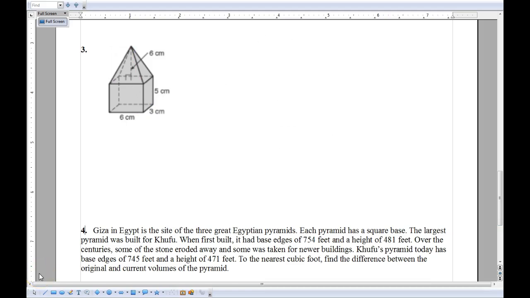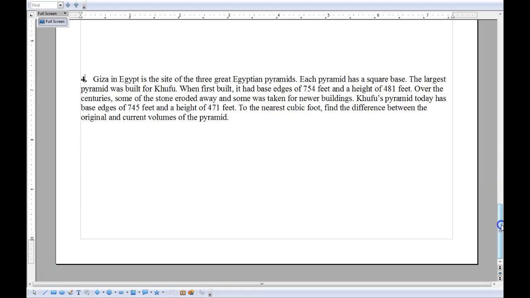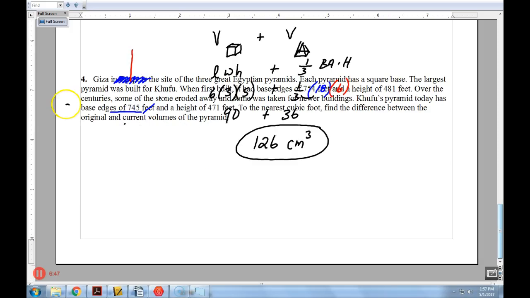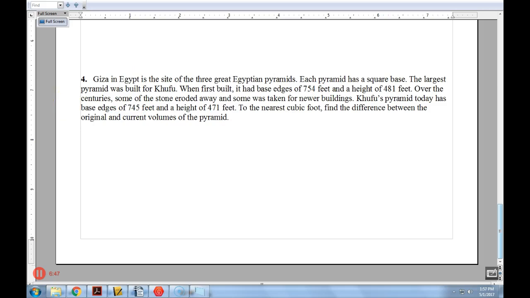Alright, let's wrap this up. So a little real life problem down here. Egyptian pyramids, massive structures. We're going to try to find the volume of this thing. So Giza in Egypt sited the 3 great pyramids. Each one has a square base, which makes it easier. The largest pyramid was built for Khufu. Khufu must be one of the pharaohs there.